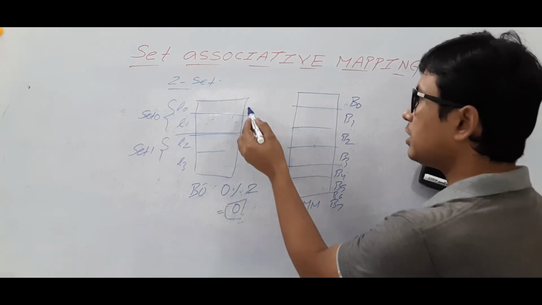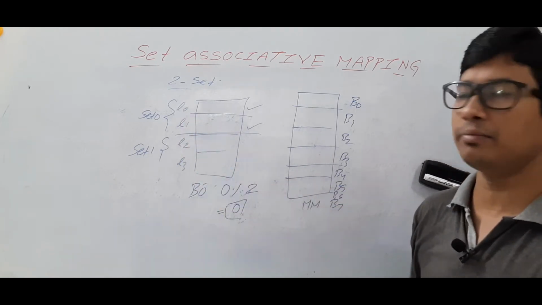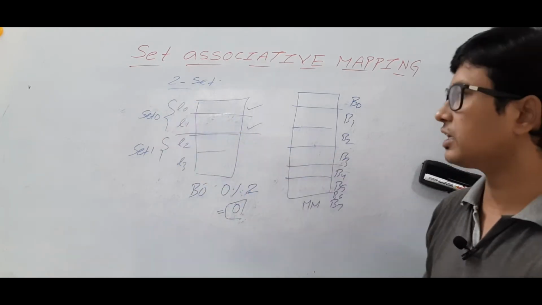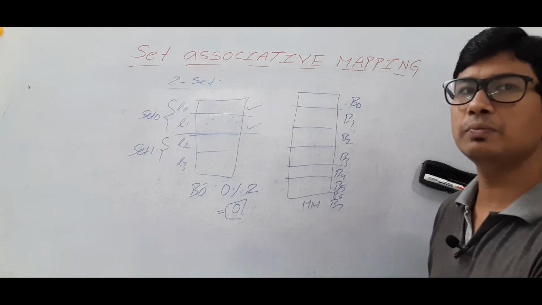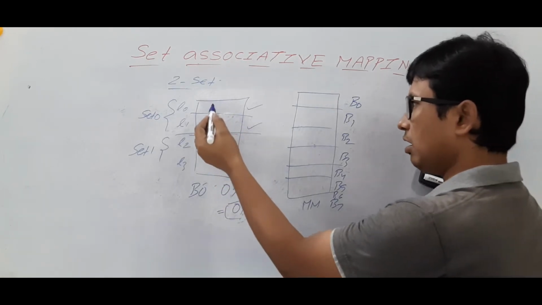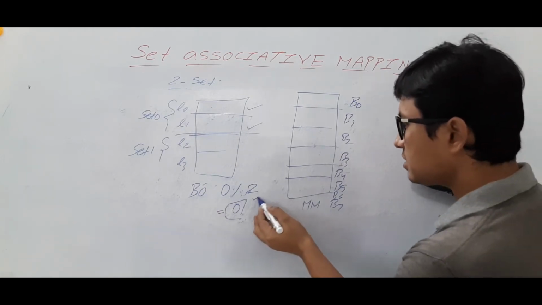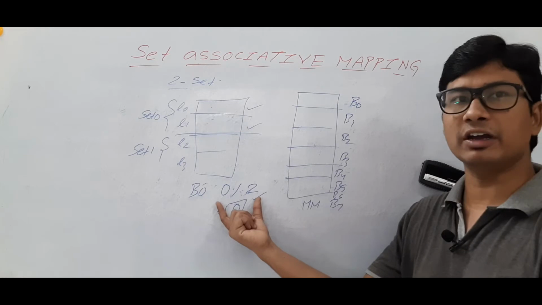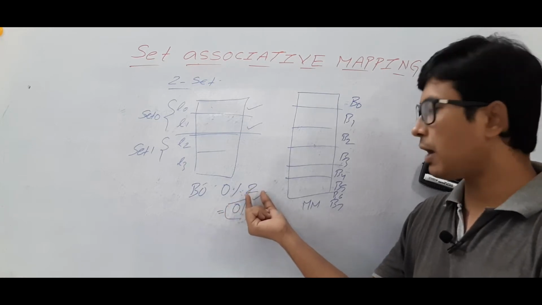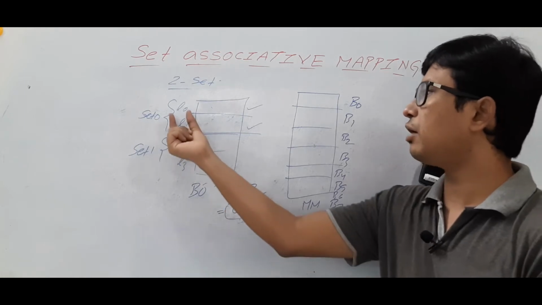Now in set number 0, you have 2 lines. Line number 0 and line number 1 are there in set number 0. Then what will you do? You can keep it anywhere, either here or here. This part works the way direct mapping works, whereas in direct mapping you have the number of lines in the denominator, here you have the number of sets.